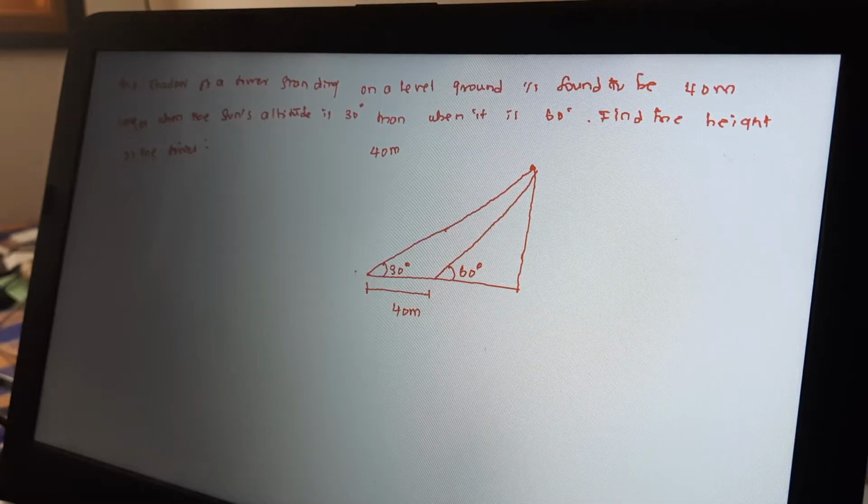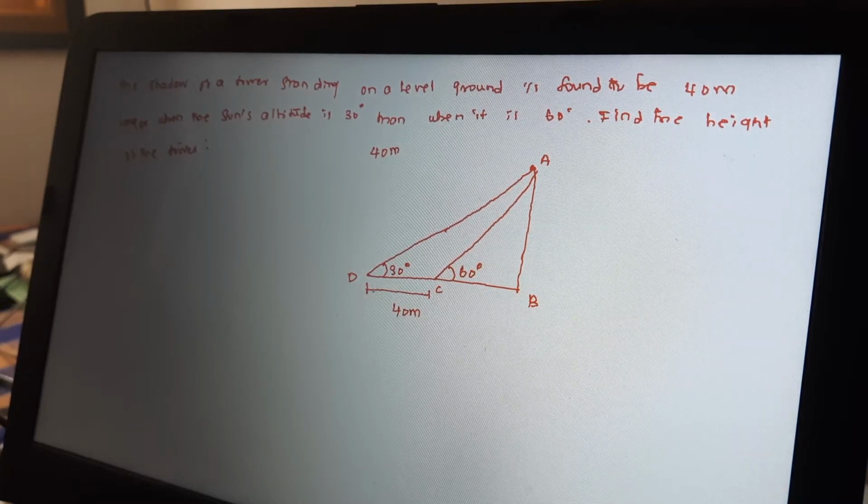That means we can name the points A, B, C and D. The question is, when it is 60 degree, find the height of the tower.